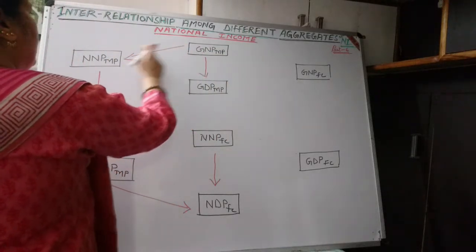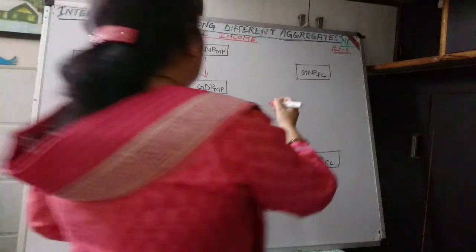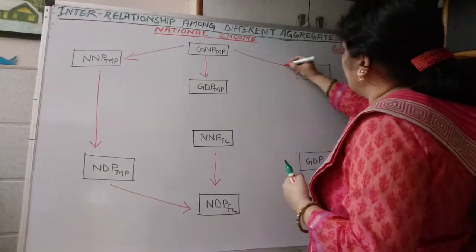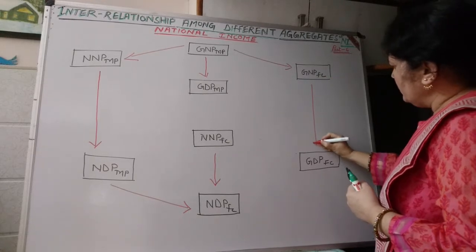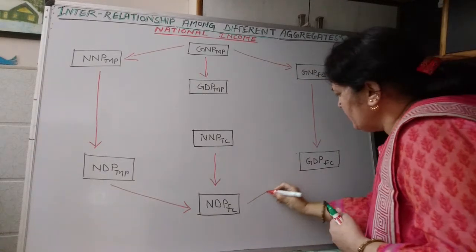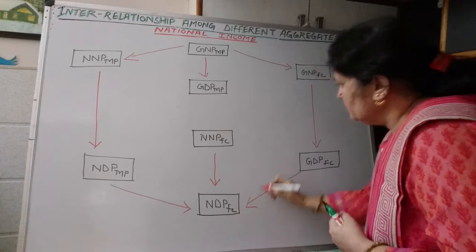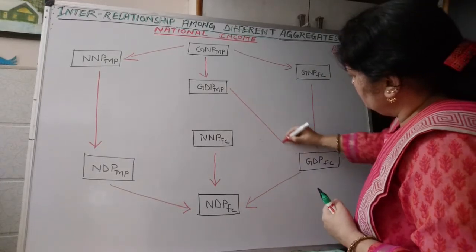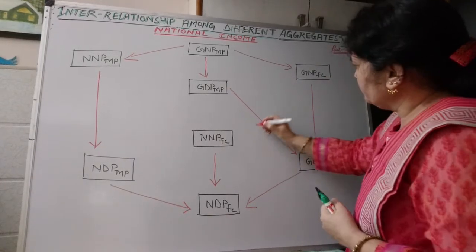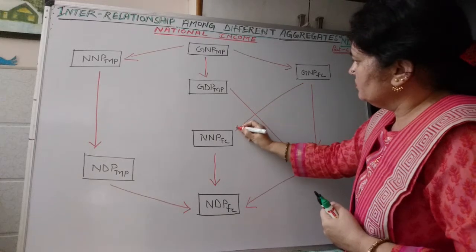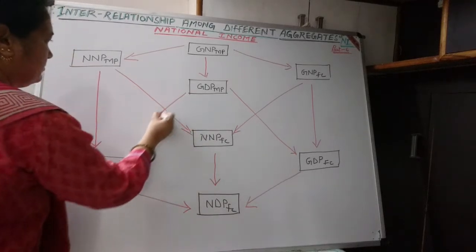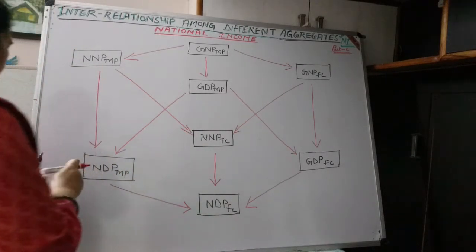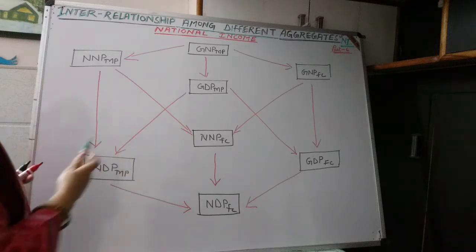How this GNP at MP is related to NNP at MP, and GNP at MP is related to GNP at FC, we will calculate. I am just preparing a format. And now let us see what is the relationship.